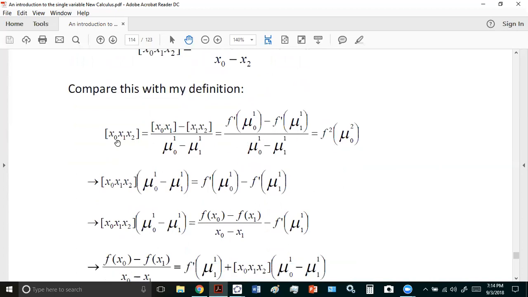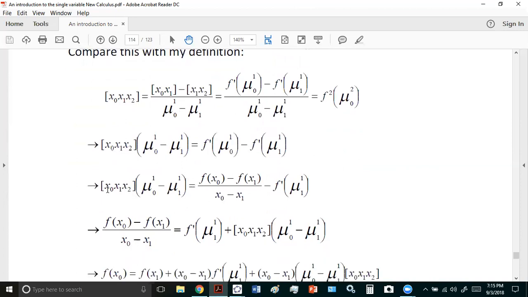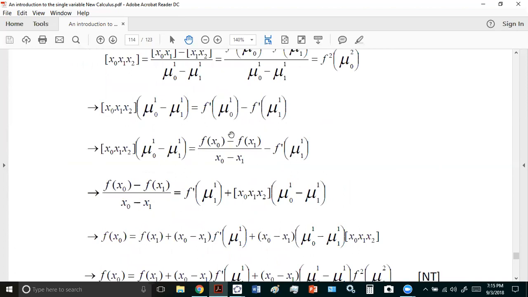And of course, you can work from this particular equation here to get to this point here, okay, by simply multiplying this throughout by this denominator here. And then again, you can simplify further by leaving that alone and expanding this into this divided difference.